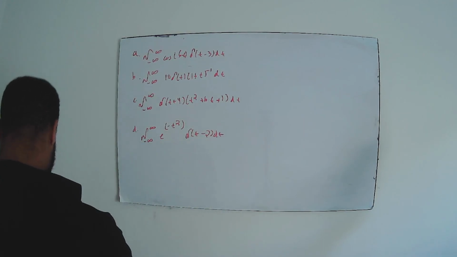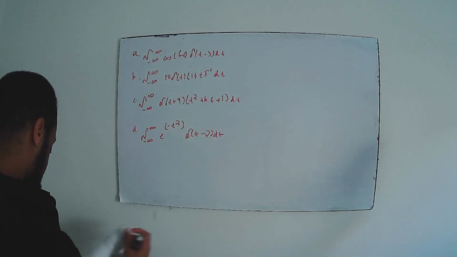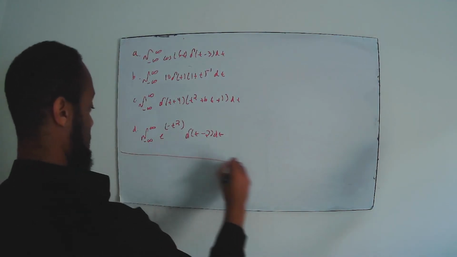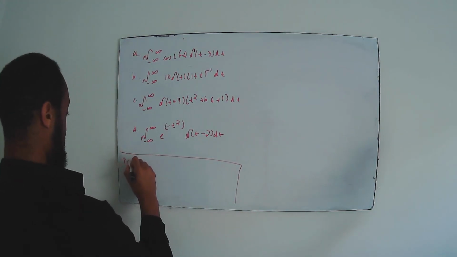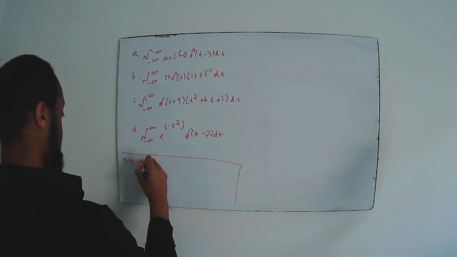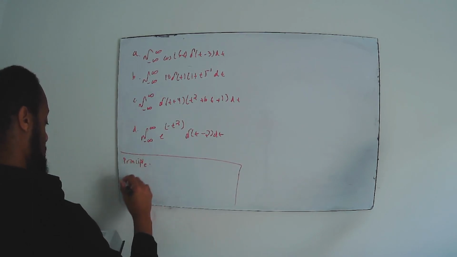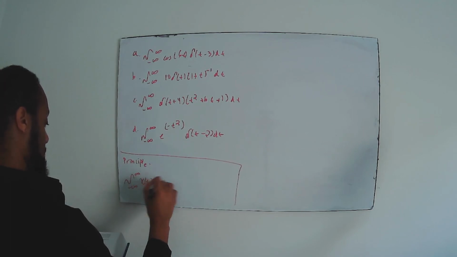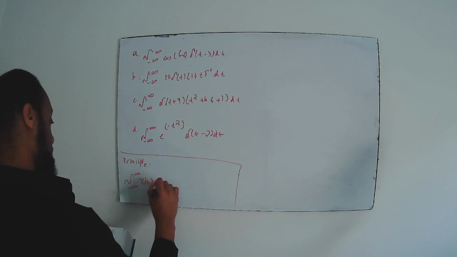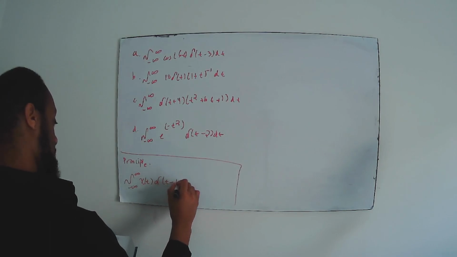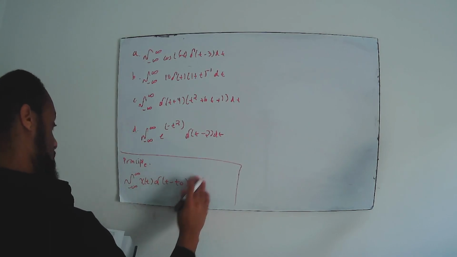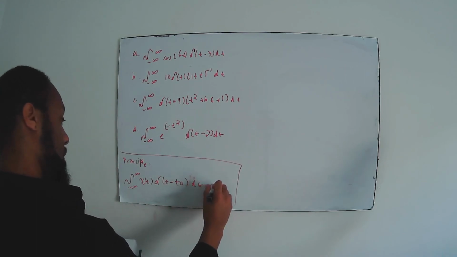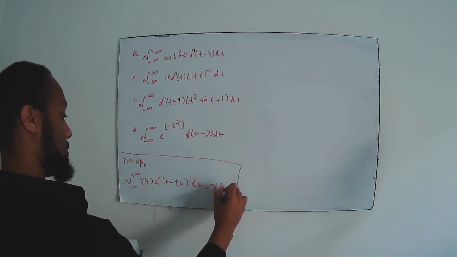So how do we solve these? Basically we're going to use a principle of the impulse function. The principle says that the integral from minus infinity to infinity of a function x of t times delta of t minus t0 dt is equal to x of t0.